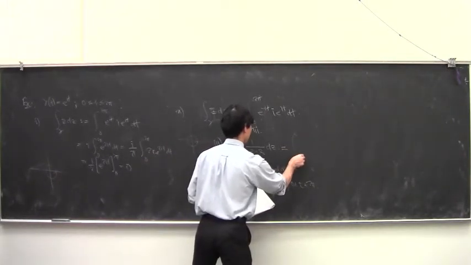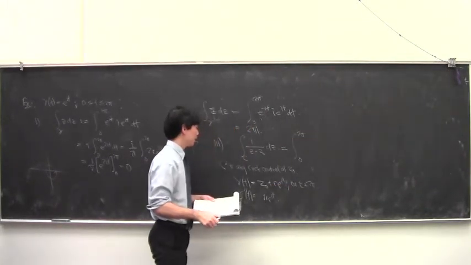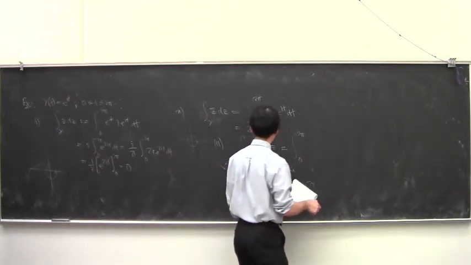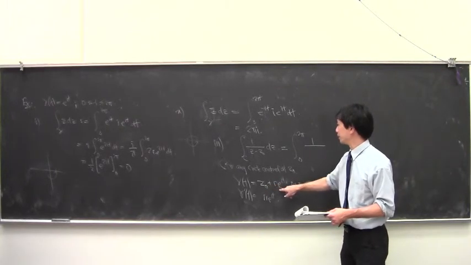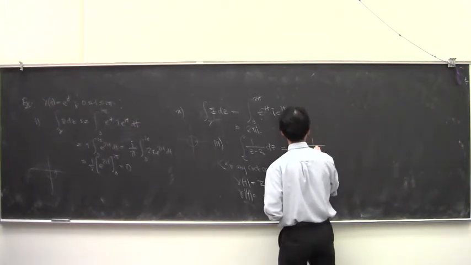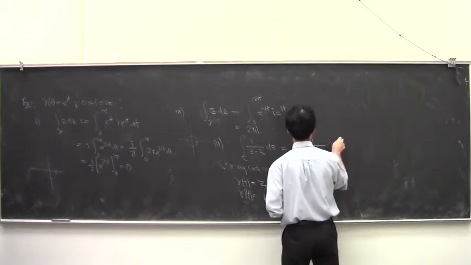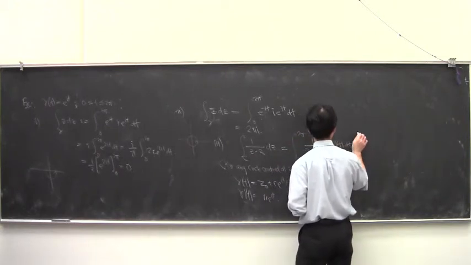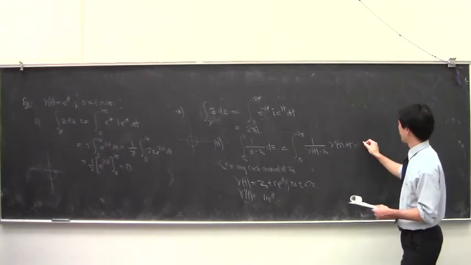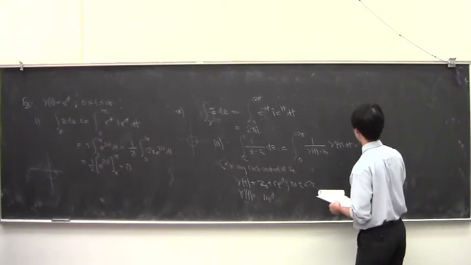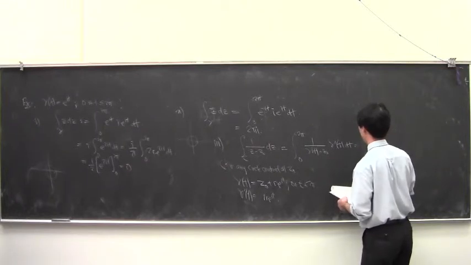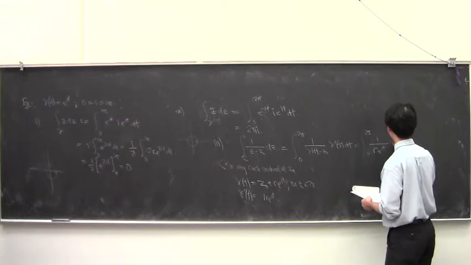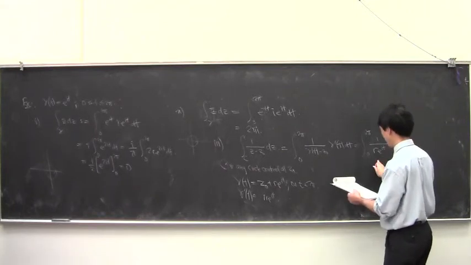So when you work this out, this is the integral from 0 to 2 pi of 1 over gamma of t minus z naught, which is 1 over r e to the it, times gamma prime, i r e to the it, dt. So again, we get 2 pi i.